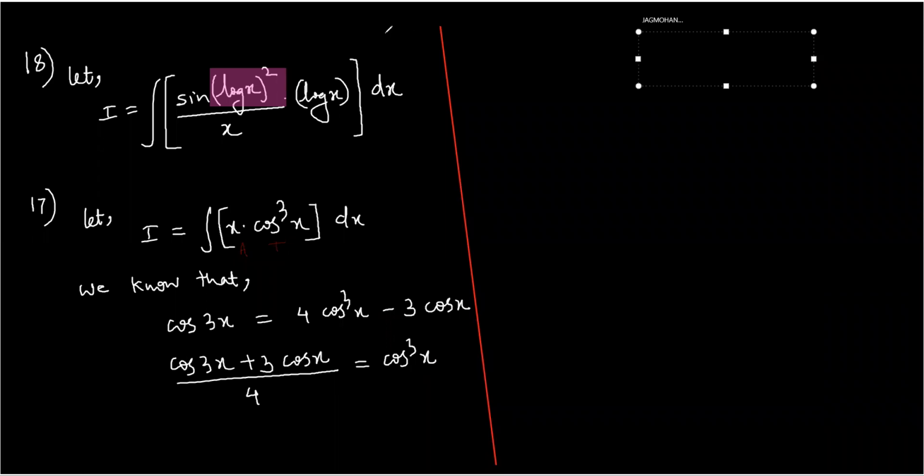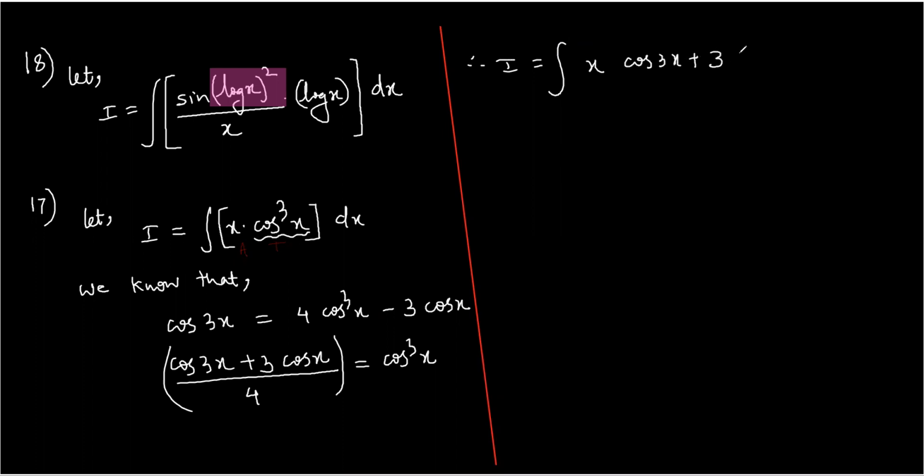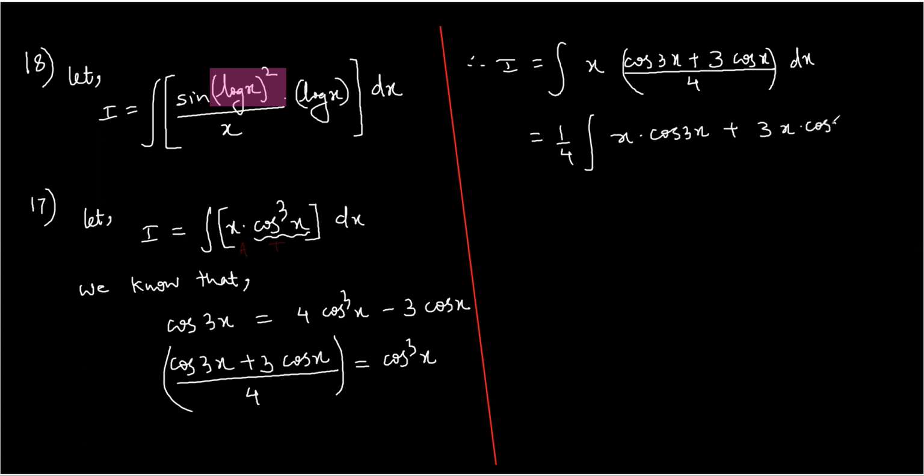So here, therefore, I will become x, and for cos cube x you will write cos 3x plus 3 cos x, divided by 4, and dx. Now 1 upon 4 being a constant, I write it out, and here I multiply x inside. So I get x cos 3x plus 3 times x cos x and dx.